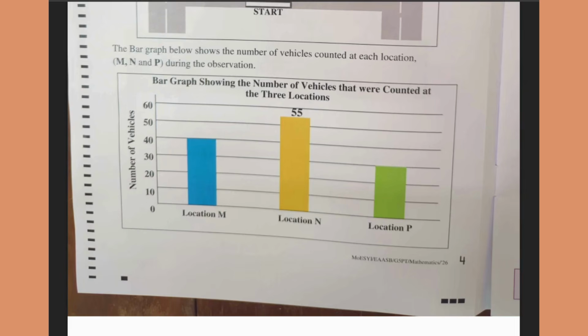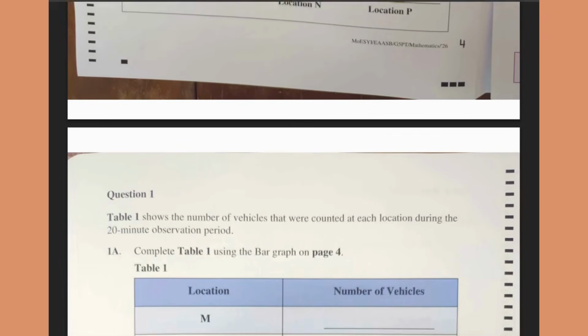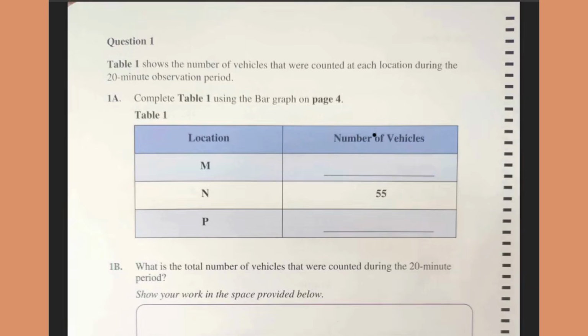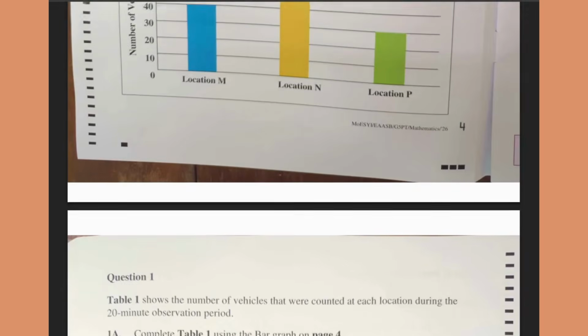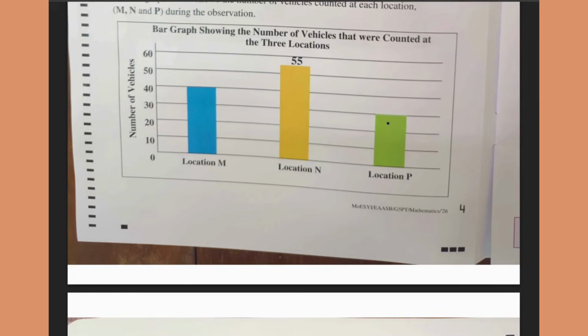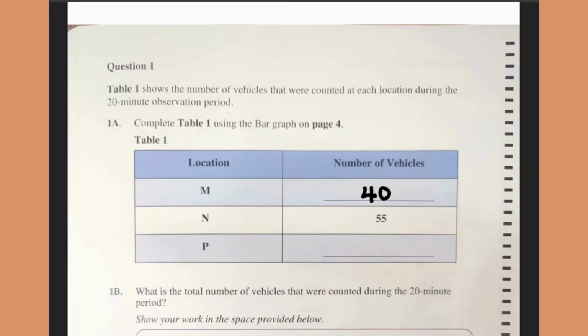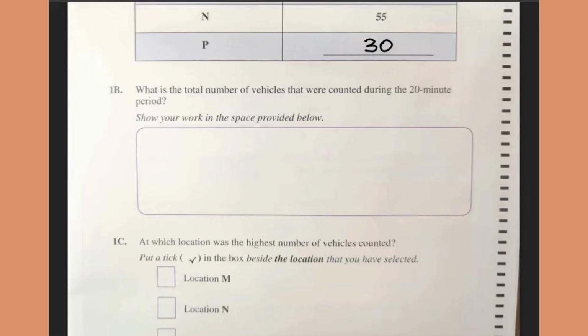So location M, we're going to put 40. And location P, you're going to come across location P is 30 vehicles. So that's question 1A.